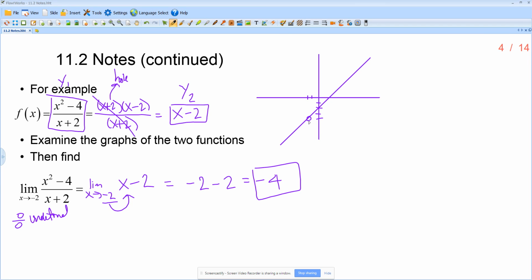The limit, however, when I'm talking about a limit, what am I going towards? From the right, I'm going towards the y value of -4. From the left, I'm going towards the y value of -4. So the overall limit is still -4. And we were able to find that algebraically by canceling off those factors.